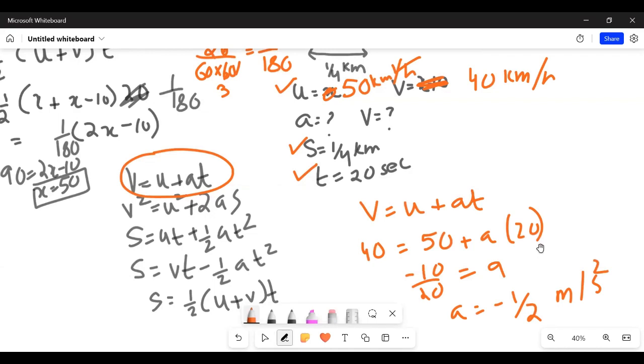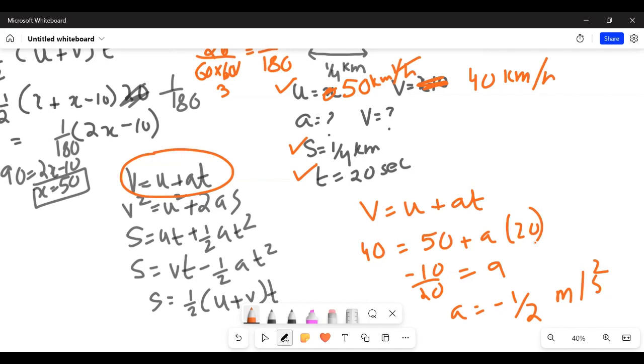Let me check the answer. This answer is not right. 50 for U was correct, 40 for V was correct.